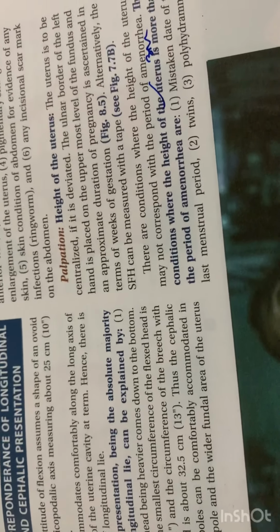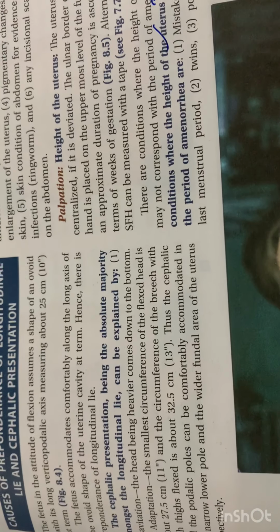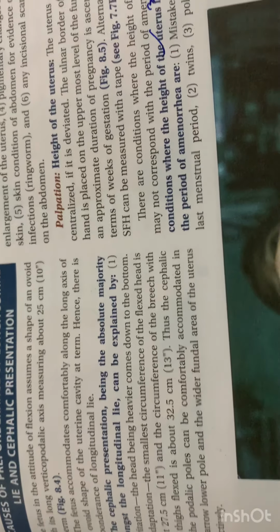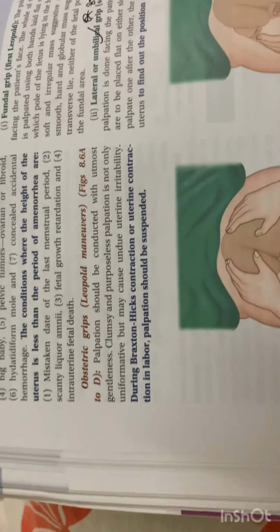So that's one cause. Or twin pregnancy, multi-fetal pregnancy, obviously it's going to be more than what you expect with a single pregnancy. Then we have polyhydramnios, ectopic pregnancy, concealed hemorrhage, or we can have tumors or a big baby. So that's the thing.